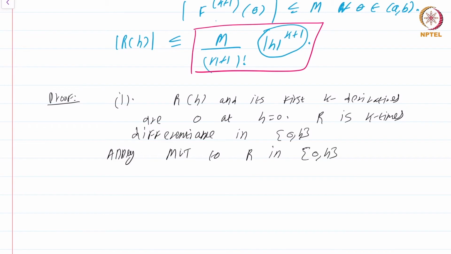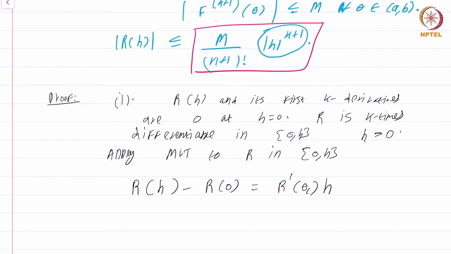What do we get? Well, r of h minus r of 0, which is 0, is going to be some r prime of theta 1 times h. For convenience I am assuming h is greater than 0, because I am writing 0h.